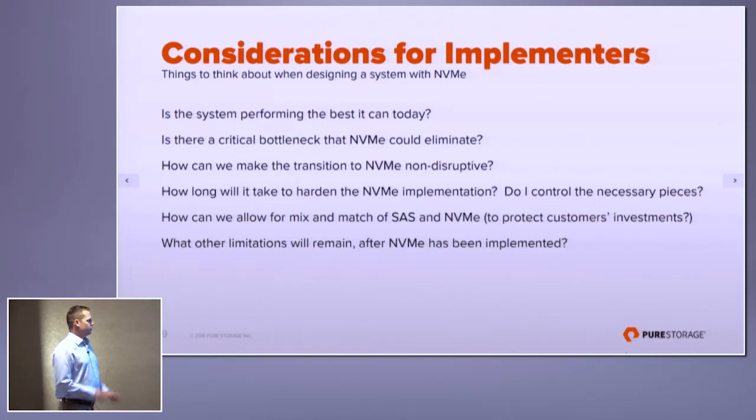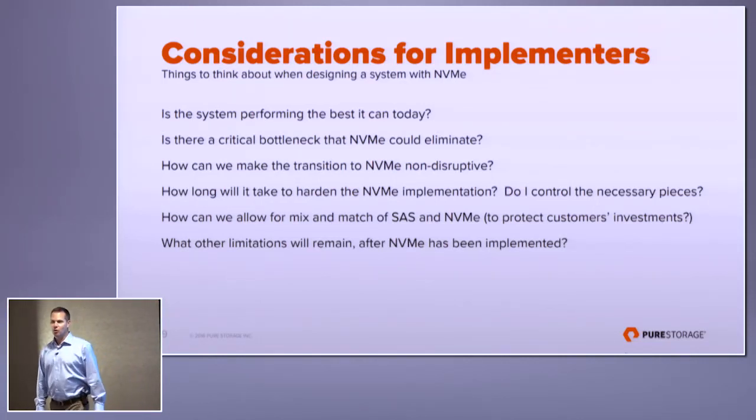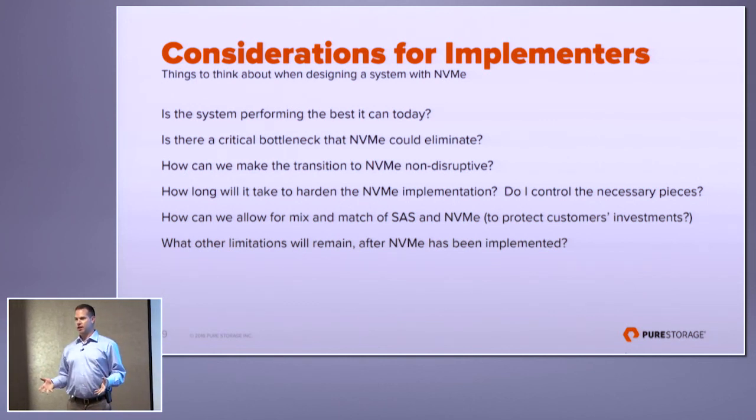Okay, so these are probably things we've already touched on all the way throughout. But if you're thinking about implementing a system, whether it's within a storage system, whether it's just in a server, whether it's across your entire environment, both for NVMe and NVMe over fabrics, you can ask yourself, is the system performing as well as it can today?